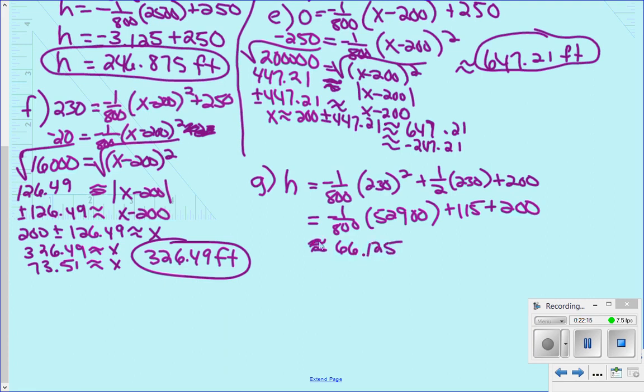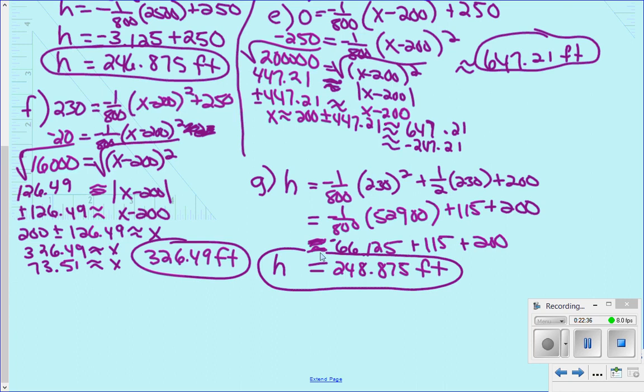Actually, that's not approximate, that's exact. That's negative 66.125, plus 115, plus 200, which is equal to 248.875 feet. That's the height. So that's my answer. That's how high in the air the fireball is when it's 230 feet from the catapult.